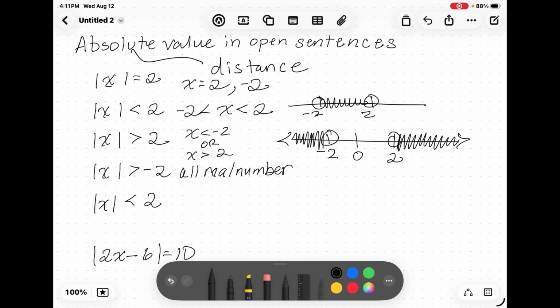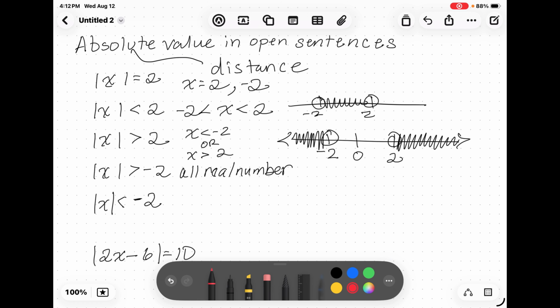And then here, this last one, absolute value of x less than -2. Make sure this might look like an arrow, but it's a less than -2. So let me just fix that so that's clear. Less than -2.